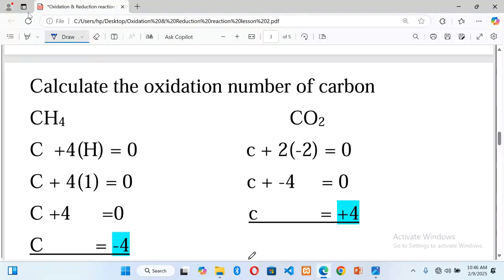So for methane, the summation of oxidation numbers in a neutral compound, or in a neutral molecule, is equal to 0.